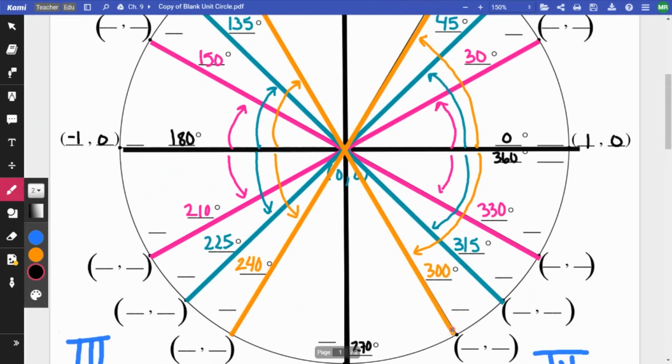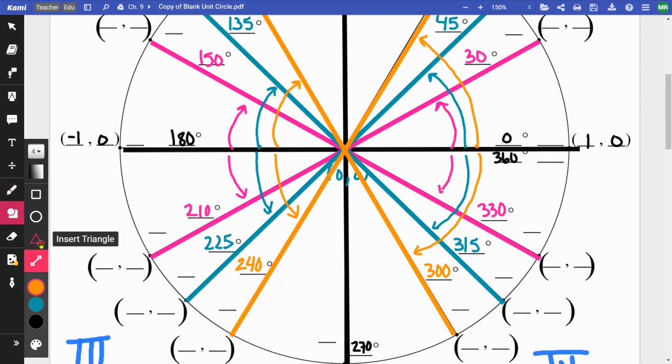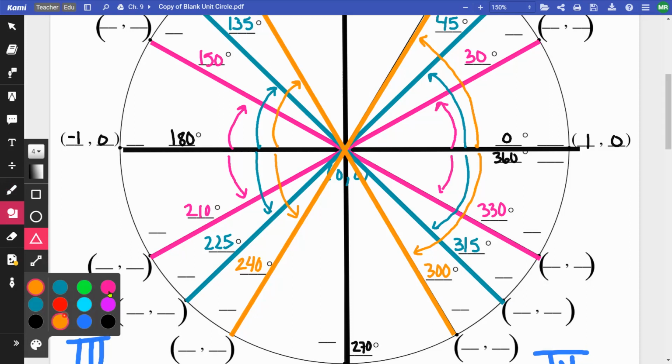Now I'm going to deal with my pink ones. Now for this, I'm going to get a pink triangle. I'm going to hold shift, so I get a right triangle.